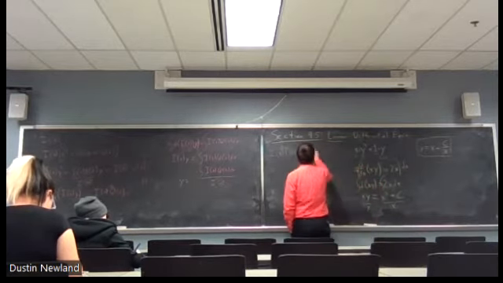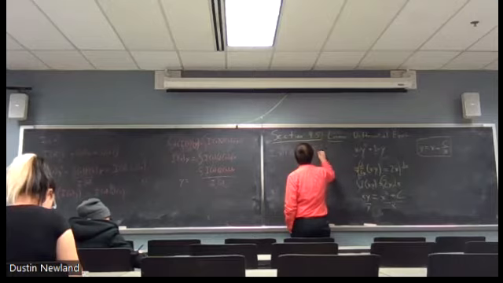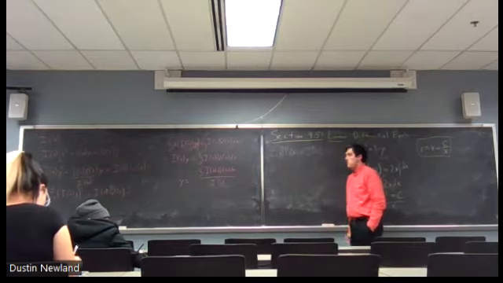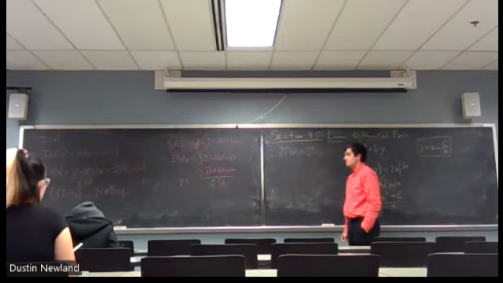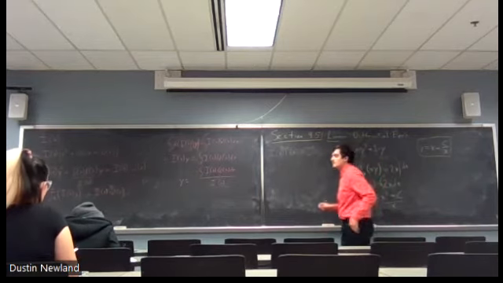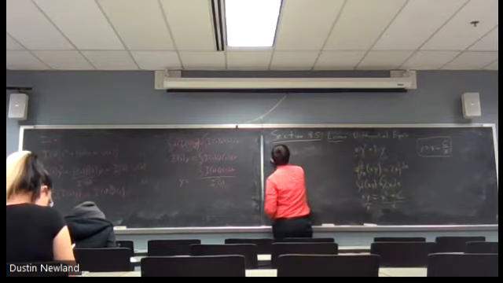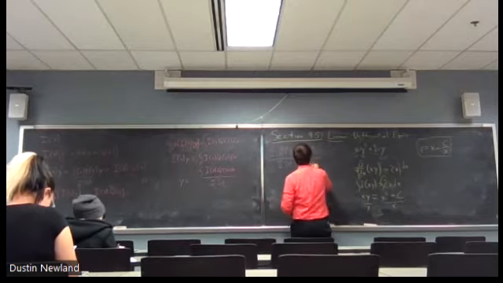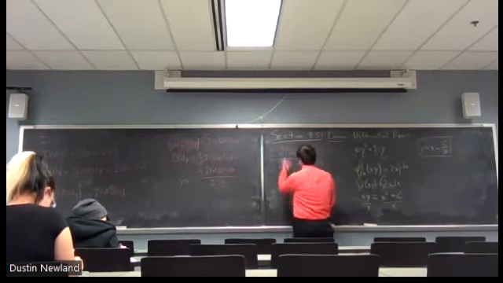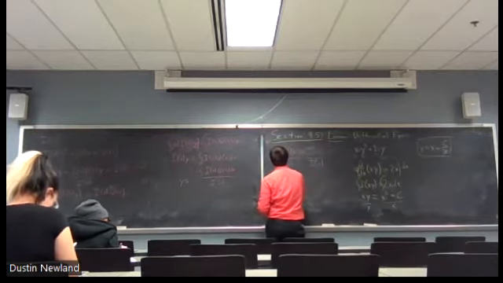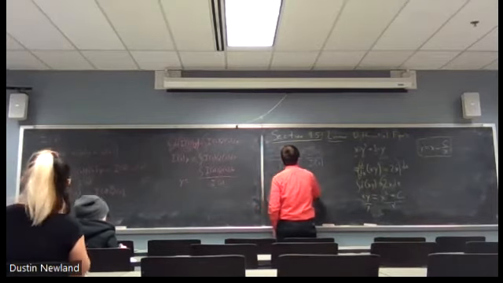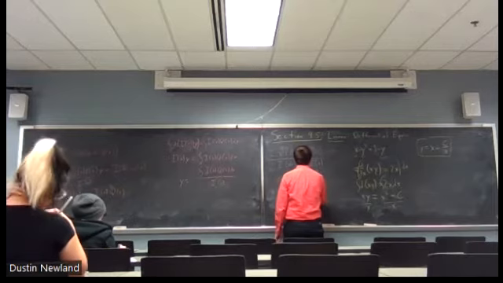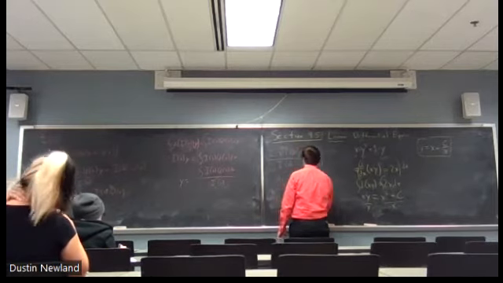Okay. Good. So I'm going to take both sides of this equation and divide by I of x, which is going to leave me with p of x equals I prime of x over I of x.